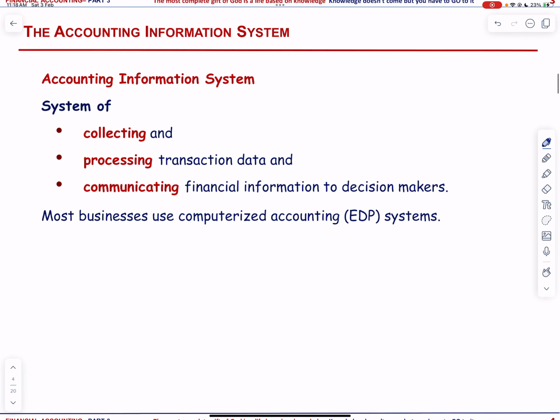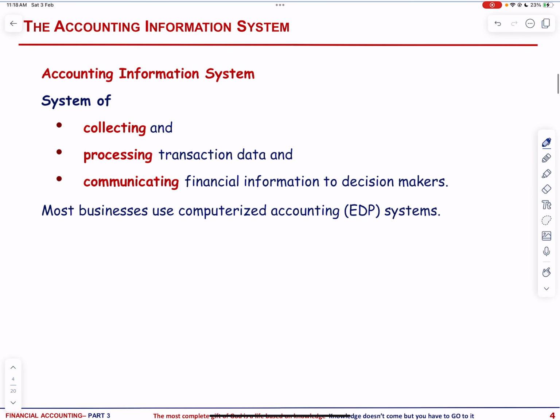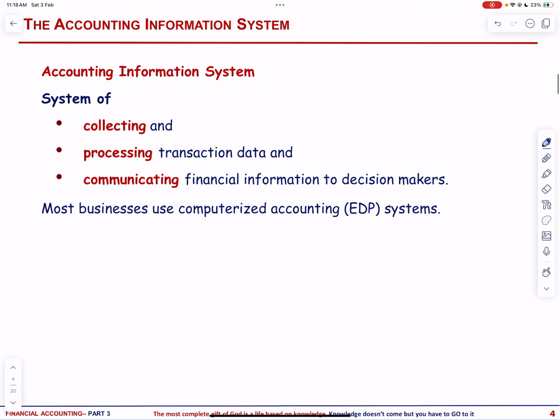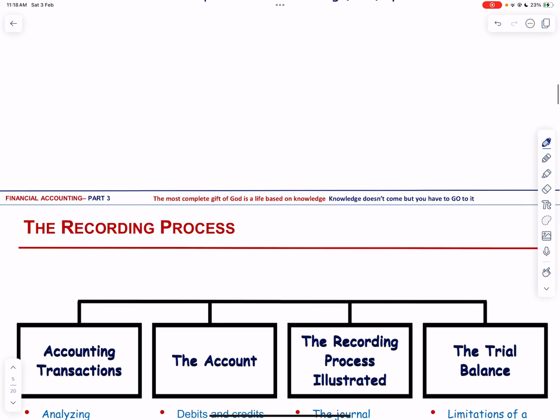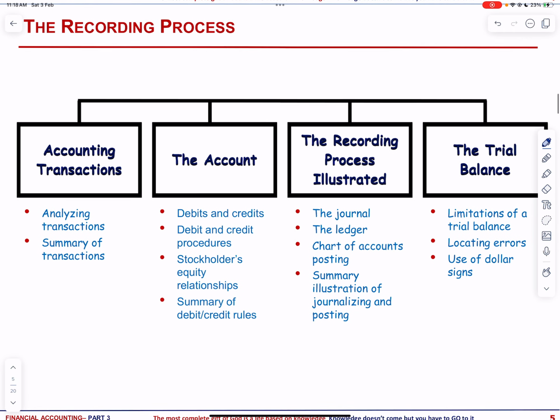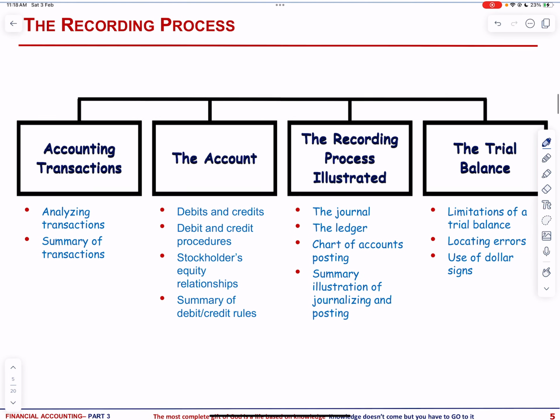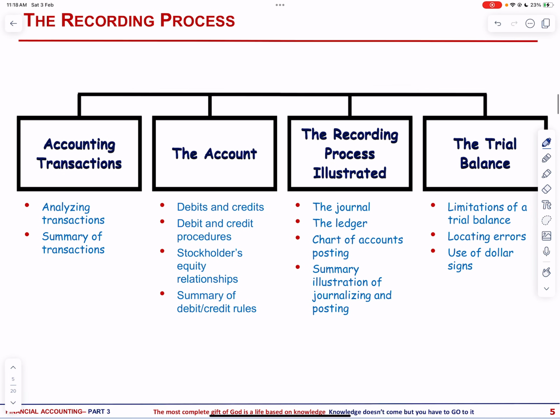So, an accounting information system is a system that collects, processes, and communicates financial information to decision makers. Most companies obviously use a computerized accounting system, and we are going to talk a little more about how we record transactions in business.